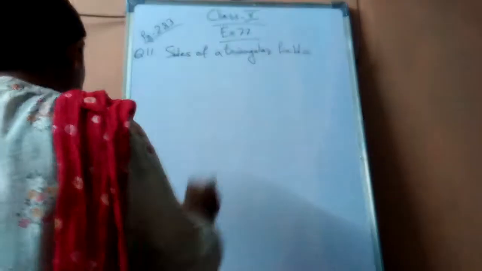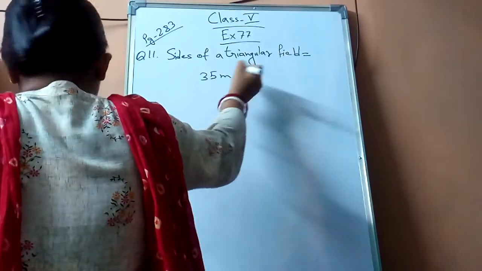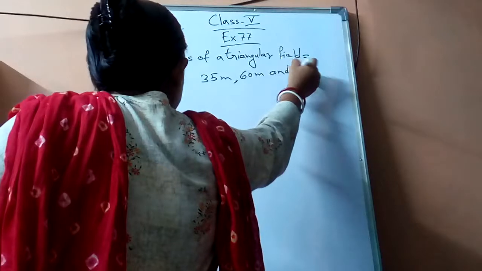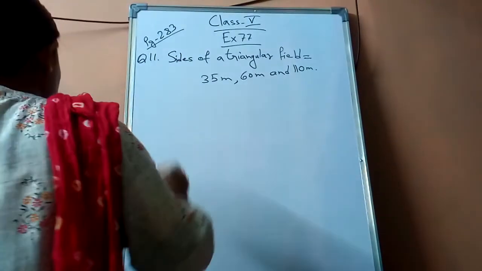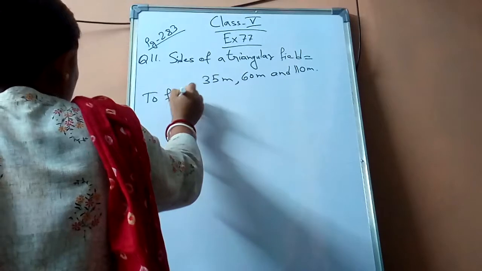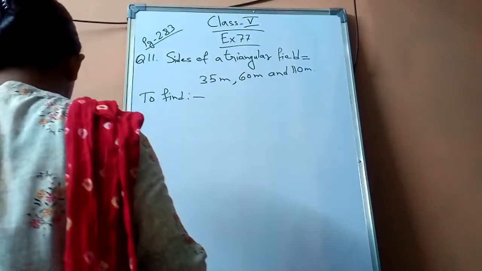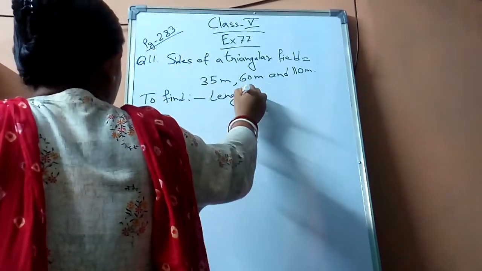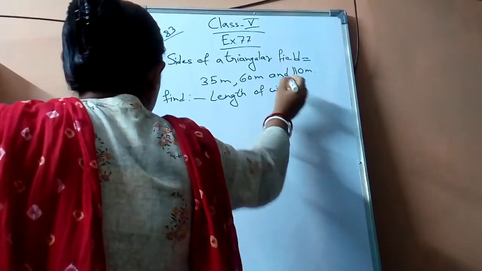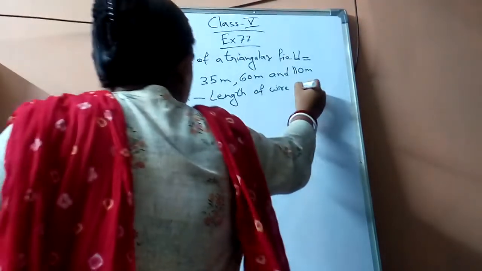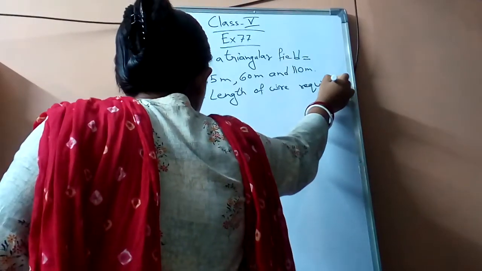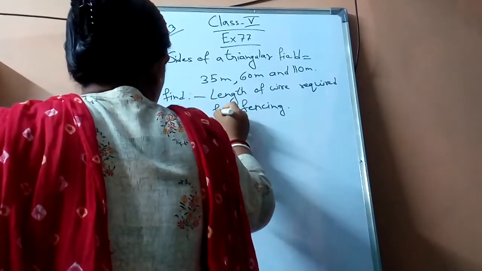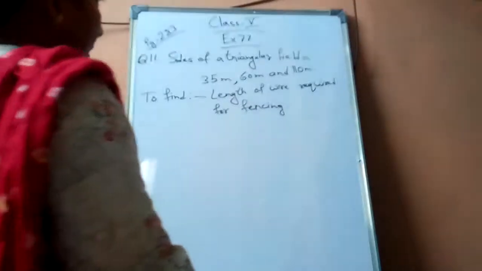It is given 35 meter, 60 meter and 110 meter. Now you have to find the length of wire required for fencing.